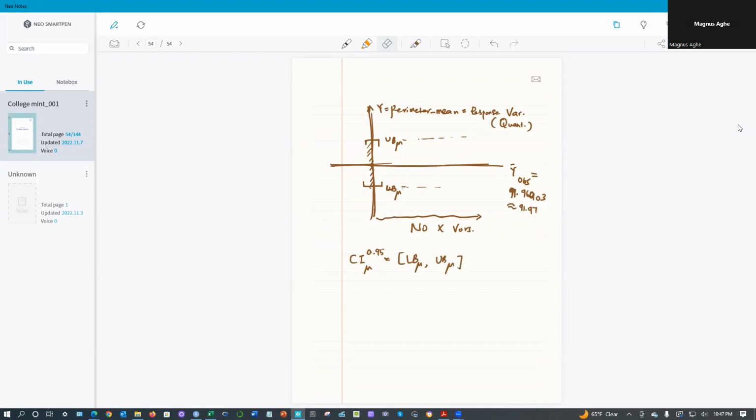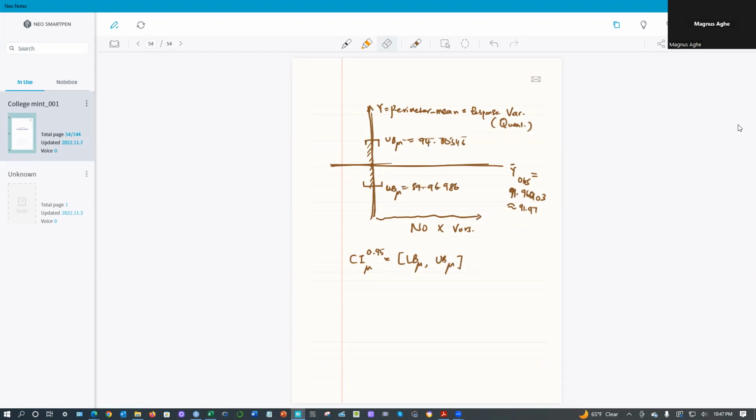I found the lower bound is 89.96986. I found the upper bound is 94.00346. My observed value is going to fall within that.